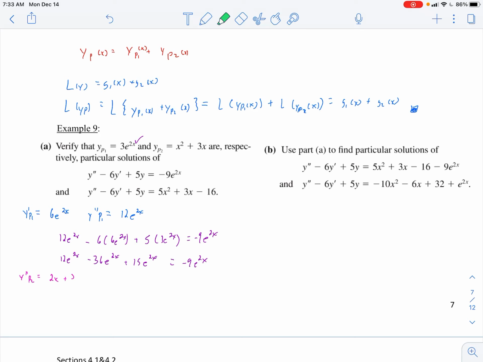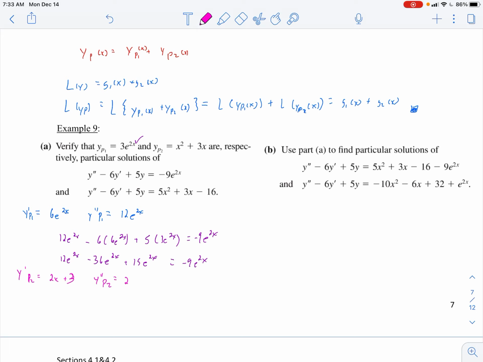That's the first derivative, not the second derivative. And then our second derivative is going to be just 2.